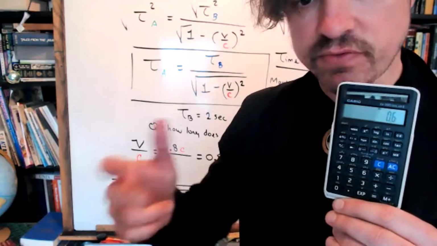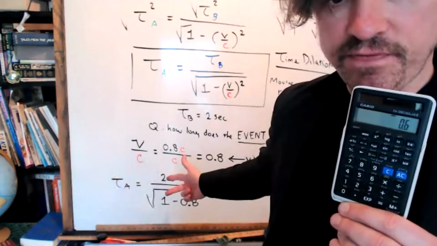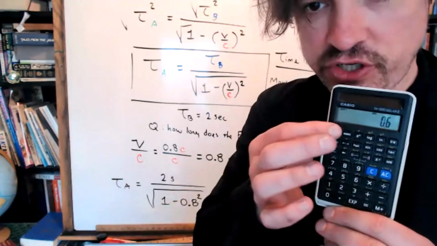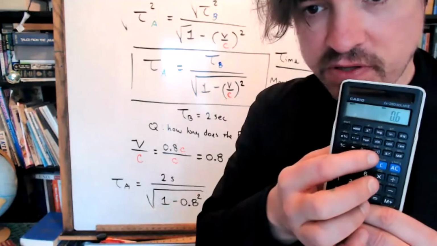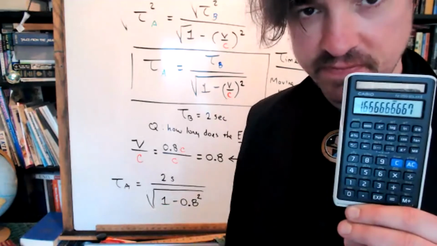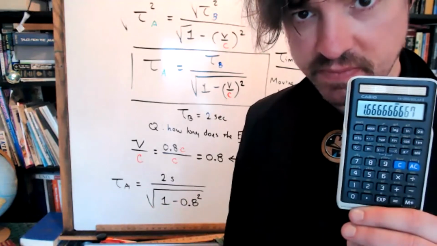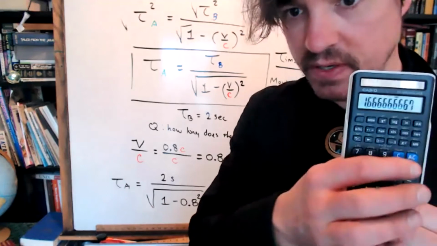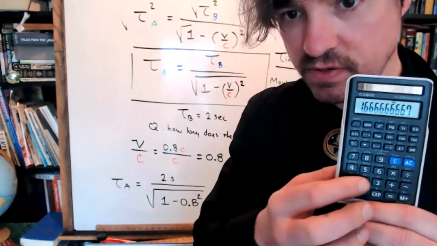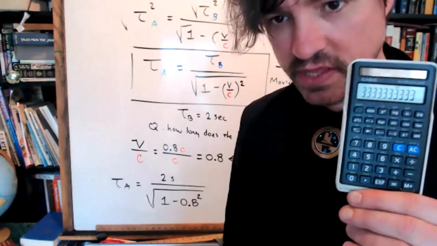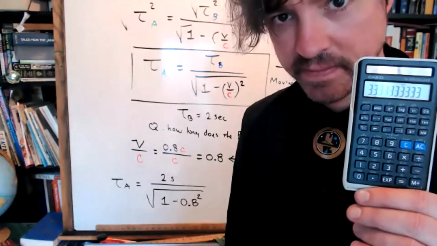Now we're going to take the reciprocal so we can flip it to the bottom. Shift, and the reciprocal key is close parentheses, 1 over x. Is that what you got? Yeah. Times 2 seconds equals. This should be our final answer.